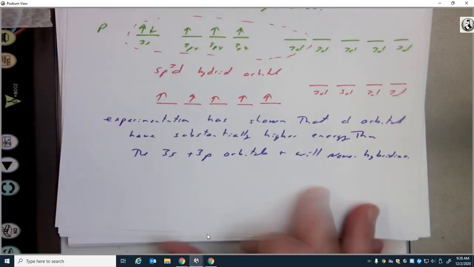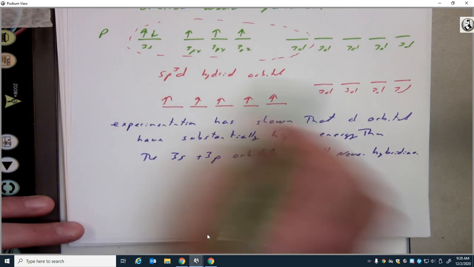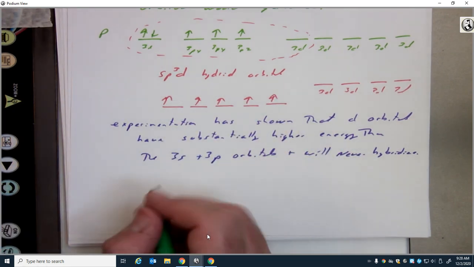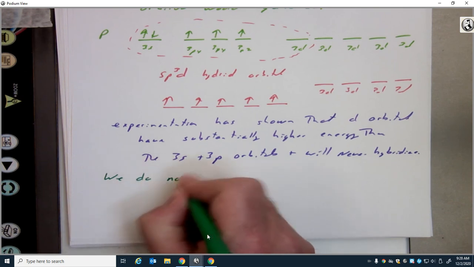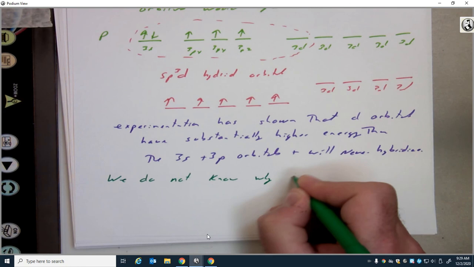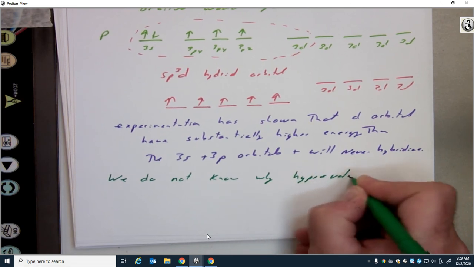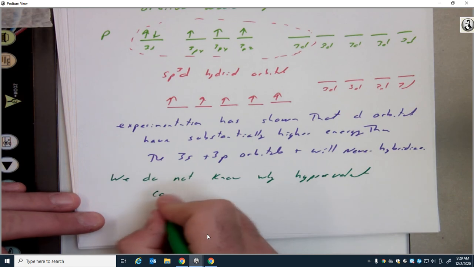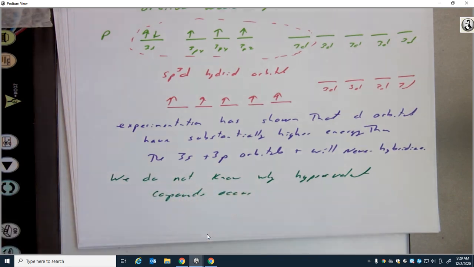We don't know what happens. We don't know why these hypervalents happen. So we don't know why these hypervalent compounds occur.